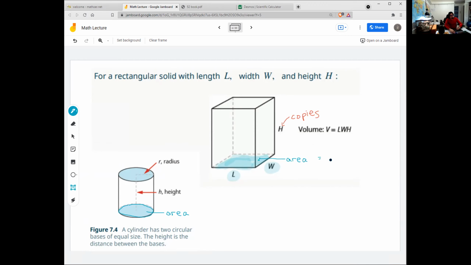It's not just length times width anymore. Pi r squared. Pi r squared. And then when I'm done, I'm going to take this height and multiply that.